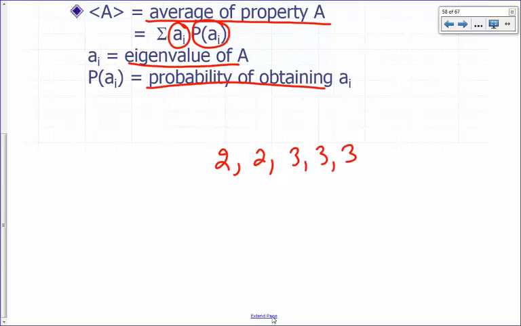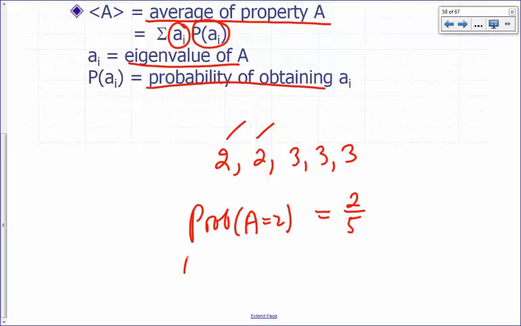If you keep doing it, you keep getting a 2 or a 3, and this is a representative sample. So what's the probability that I'm going to get a 2? 2 out of 5. What's the probability that I'm going to get a 3? 3 over 5.